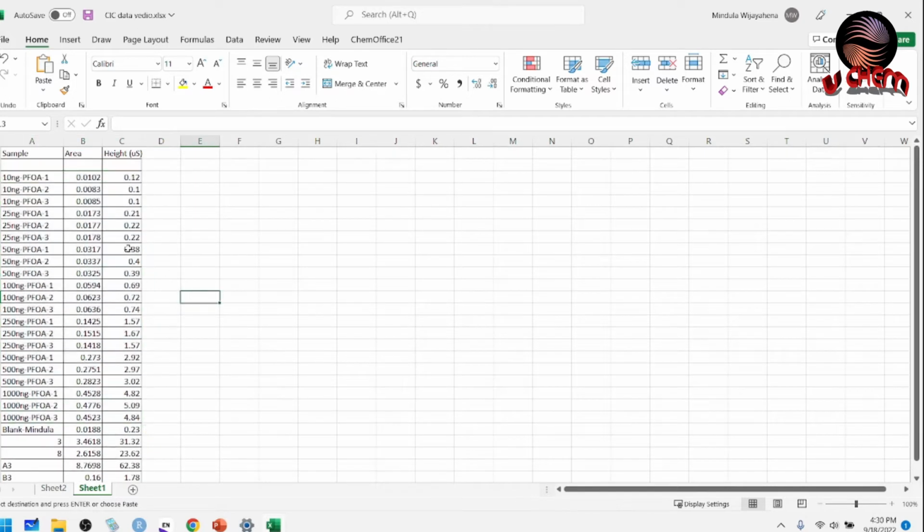I'm actually measuring the fluoride content, and here I have given 10 nanograms of fluoride, 25 nanograms of fluoride, and so on. For 250 nanograms of fluoride, it gave me this peak area, and the height of the peak.